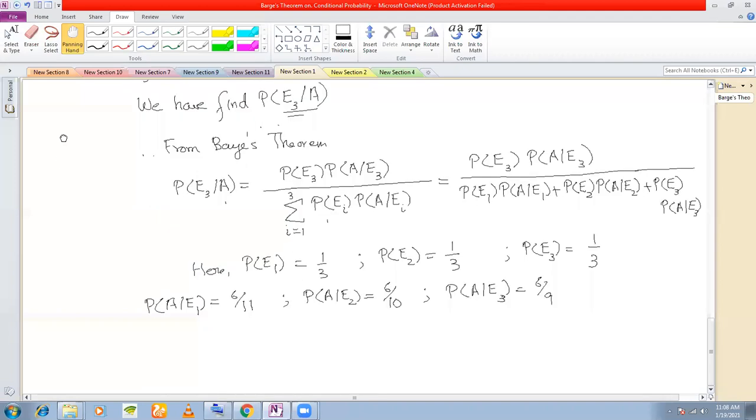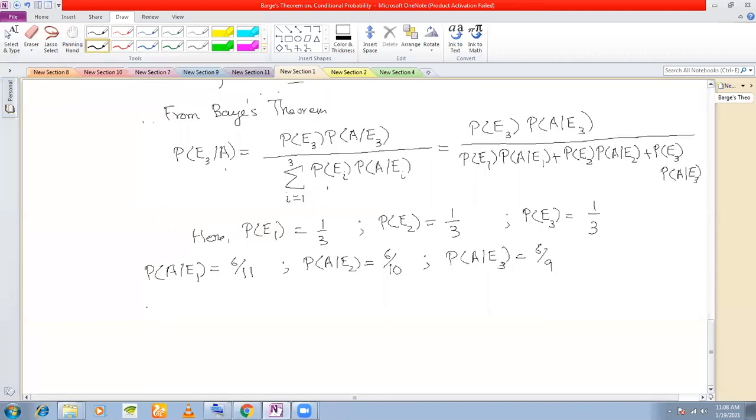Now we just put the values. Hence, P(E3/A) is equal to, put the value, P(E3) is how much? 1/3.